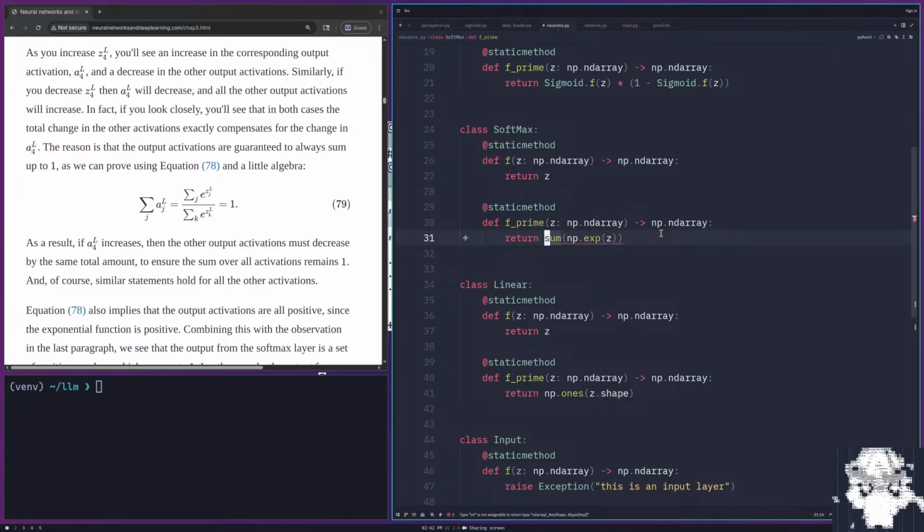Int not assignable to return type. Okay, yeah. This is the denominator. And then the numerator is you take the exp of each thing. Whoa, this isn't f prime. This is f.